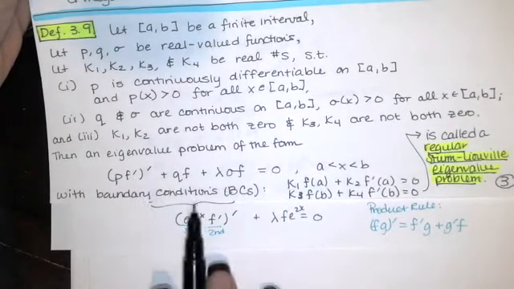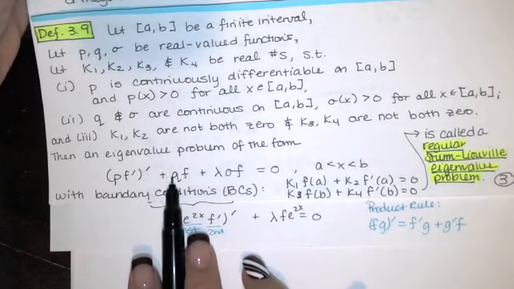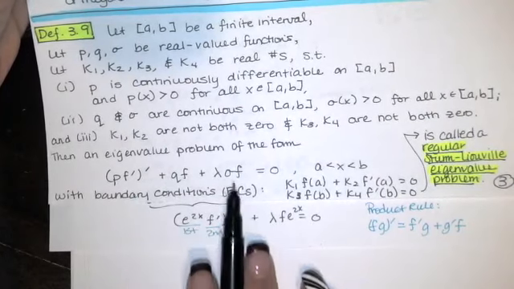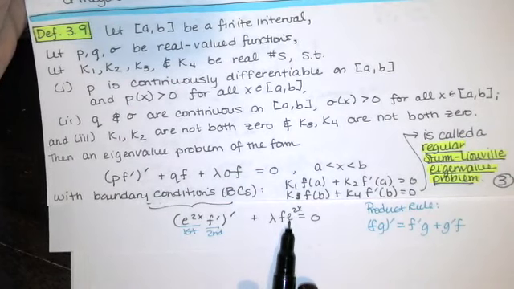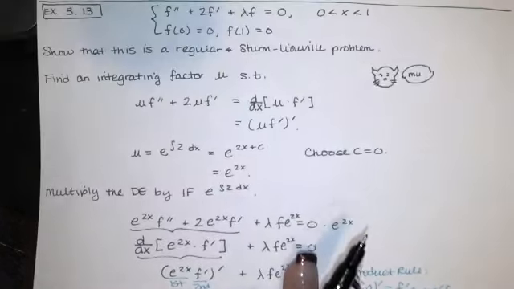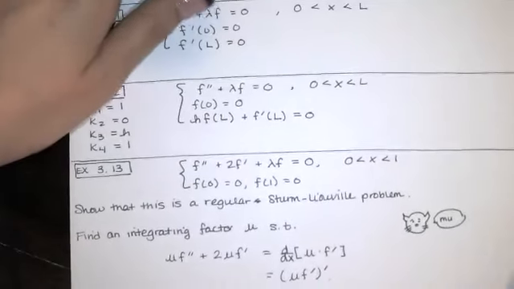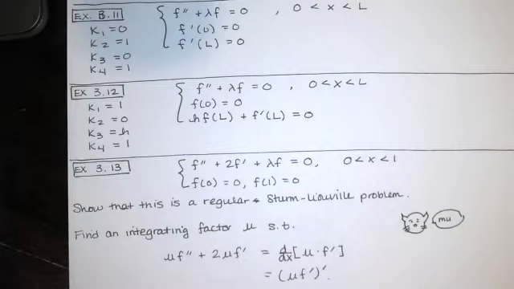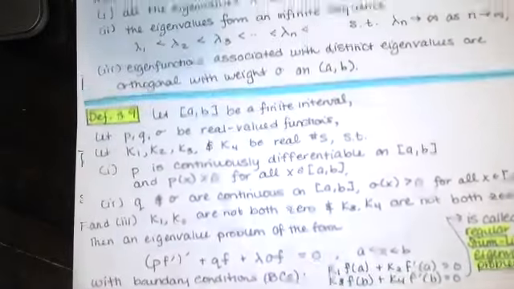It looks like this. So P is equal to e to the 2x. There's no Q, so that's 0. And it looks like sigma turns out to be e to the 2x as well. So that's our differential equation, and that means we have a regular Sturm-Liouville problem. If you're saying to yourself, look, what's so special about a regular Sturm-Liouville problem?